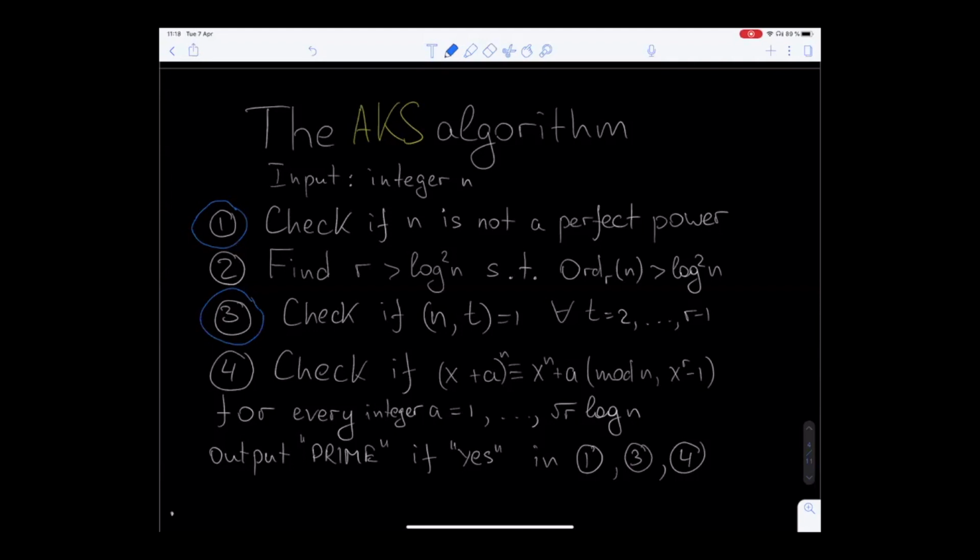So you can kind of think of it as a mix between Fermat's little theorem test and this Agrawal-Biswas test, where you check the Child's binomial theorem modulo a random polynomial. So now we replace that random polynomial by some concrete polynomial, x to the r minus 1, very nice concrete polynomial. And we check this identity for a's that range in a certain interval from 1 to square root r log n.